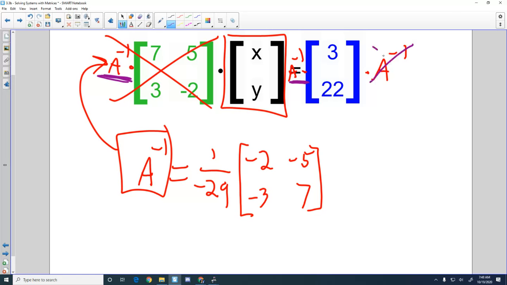So we can't put it on the right side. My calculation, basically, I'm going to take that A inverse times the constant matrix. And this is what we're going to actually calculate right now. We're going to actually multiply these matrices together.